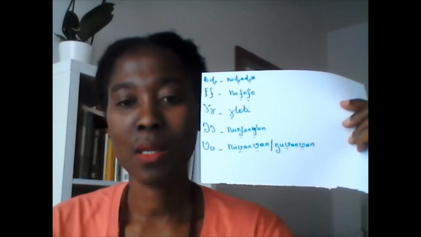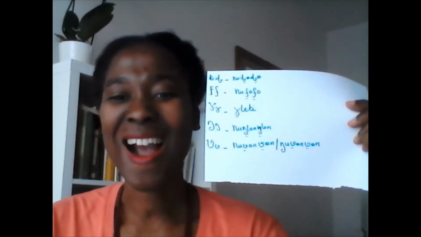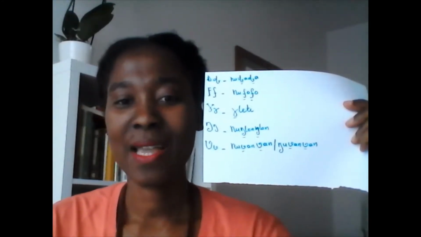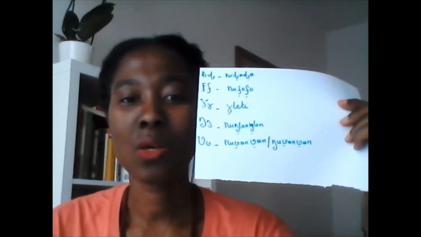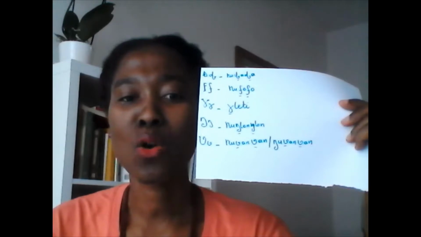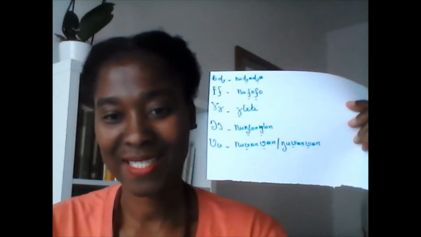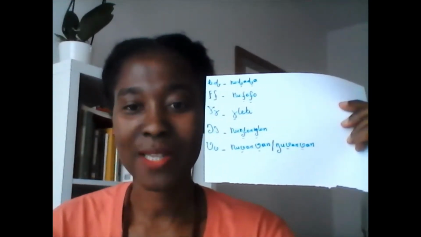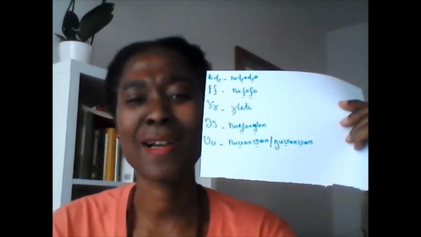It's ng. Instead of n, it's ng. So the example is nu nglo nglo, which is writing, like the fact of writing. So that is ng.